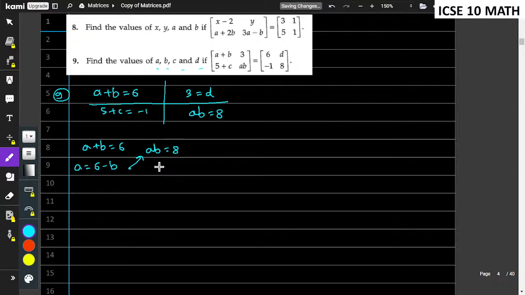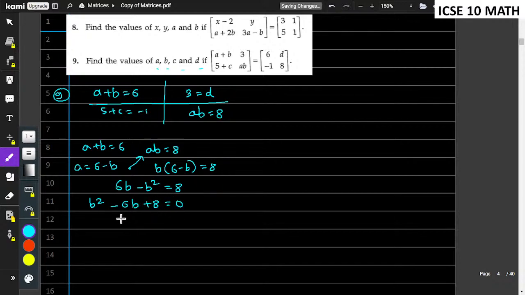We substitute value of a there. 6 minus b times b is equal to 8. So now if we multiply this, we'll again end up in a quadratic equation. So we'll get 6b minus b square is equal to 8. Let's rearrange this. We'll get b square minus 6b plus 8 equal to 0.